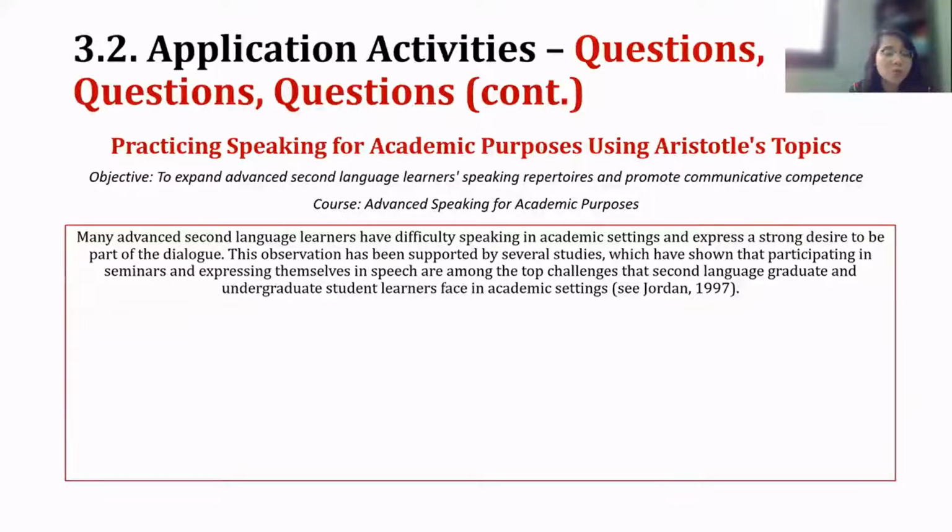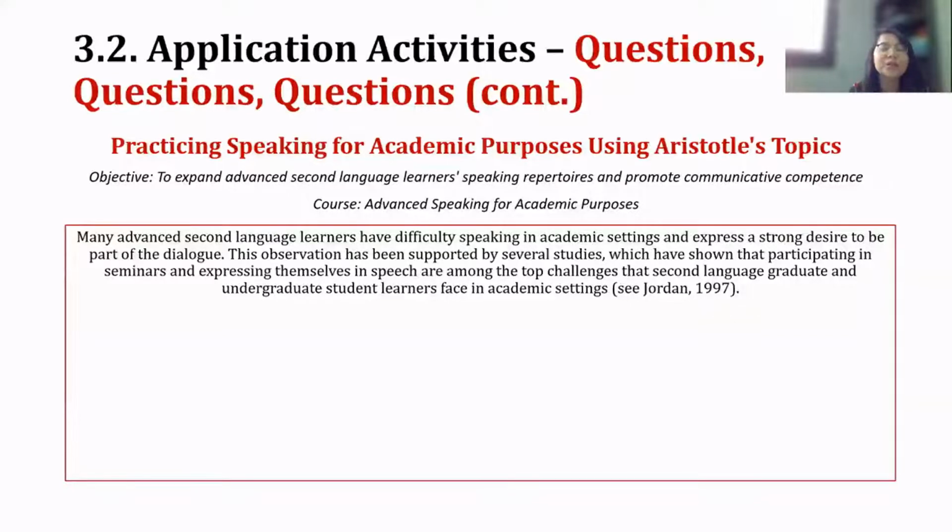So even speaking activity in a non-formal setting is already a challenging issue, right, for second language learners, let alone participating in an academic setting, right? It takes a very different level of skills in English.